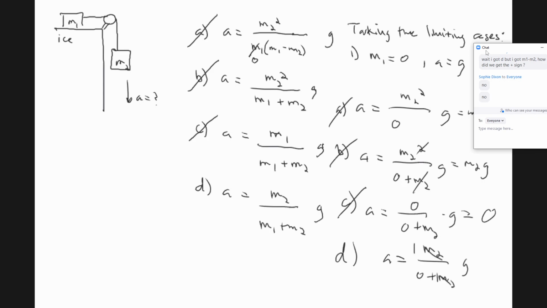Is that gravity? Yes, it is. We're done. Typically, I just do this mentally in my head, where I plug in 0 and I see what I get as an answer. Does that make sense?